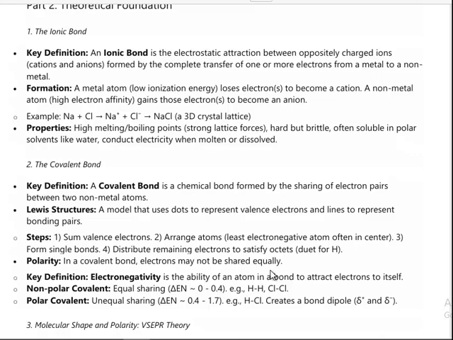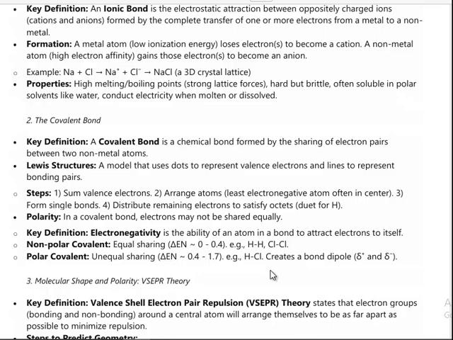Then they are often soluble in polar solvents like water. Also, they conduct electricity when molten or dissolved. So these are the properties of ionic compounds.